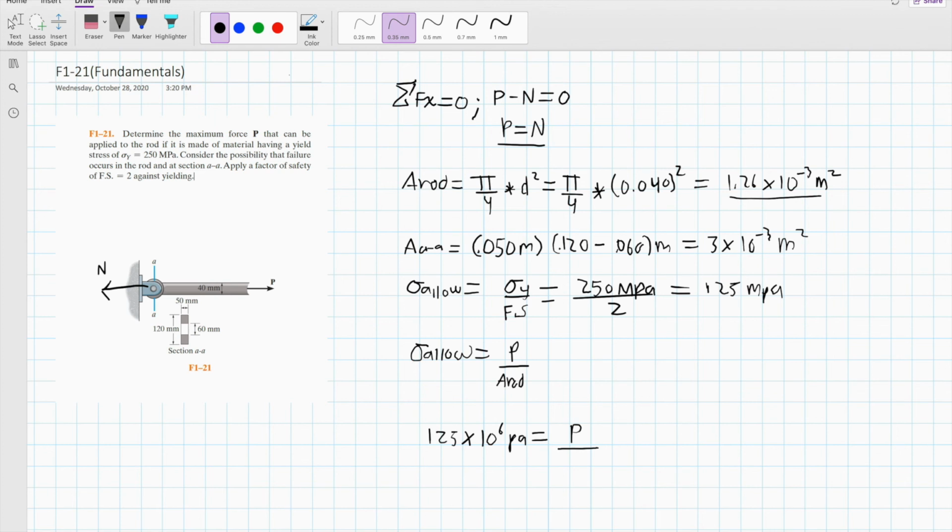And we have the area of the rod, which is 1.26 times 10 to the negative 3 meters squared. We solve for P, and we get 157.08 kilonewtons. This is our final answer.